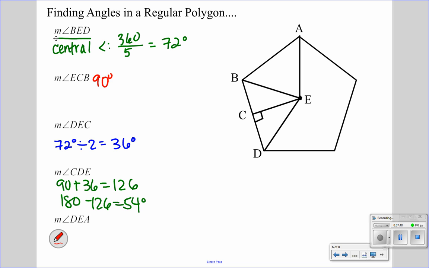We go from D to E to A. Well, if we notice, DEA is two central angles added together. So we can add those two together and we get 144 degrees. So we can, just by using the side length, we found all of these different angles within this regular polygon.